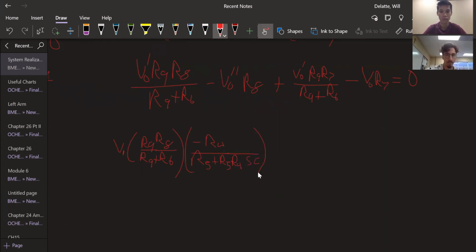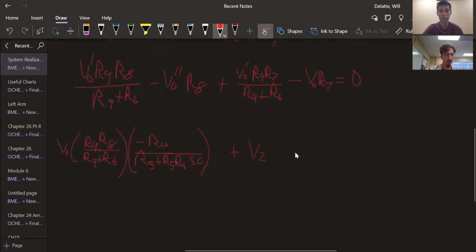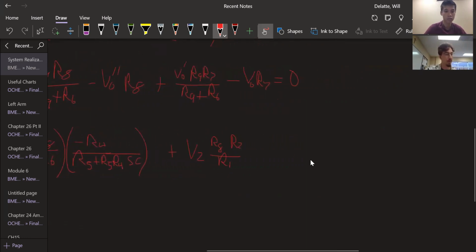There we are. So that's our first term. And then going to move over, have our V2, R8, R2 over R1. Again, all we really did was distribute. And so we'll leave our V2 on this one as well. Why not? Because we can flex our algebra skills by just pulling that back out.